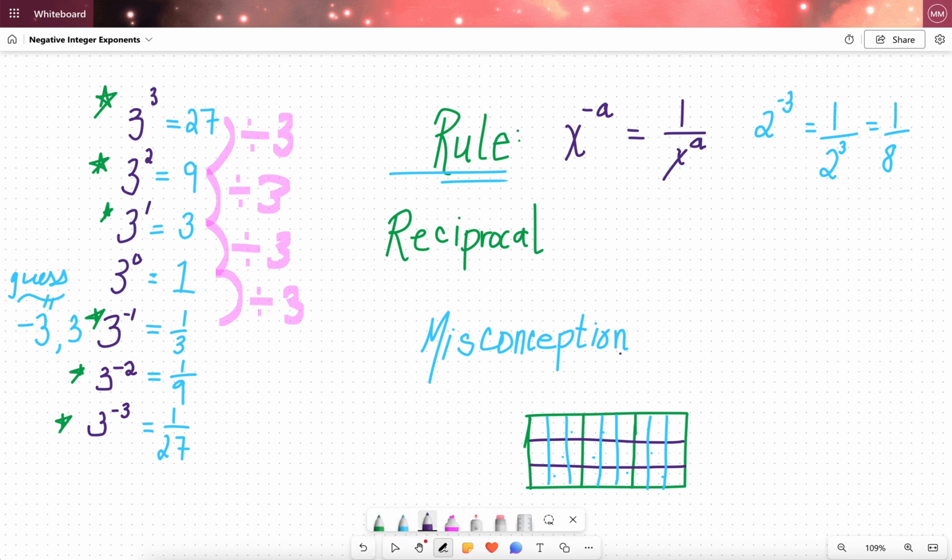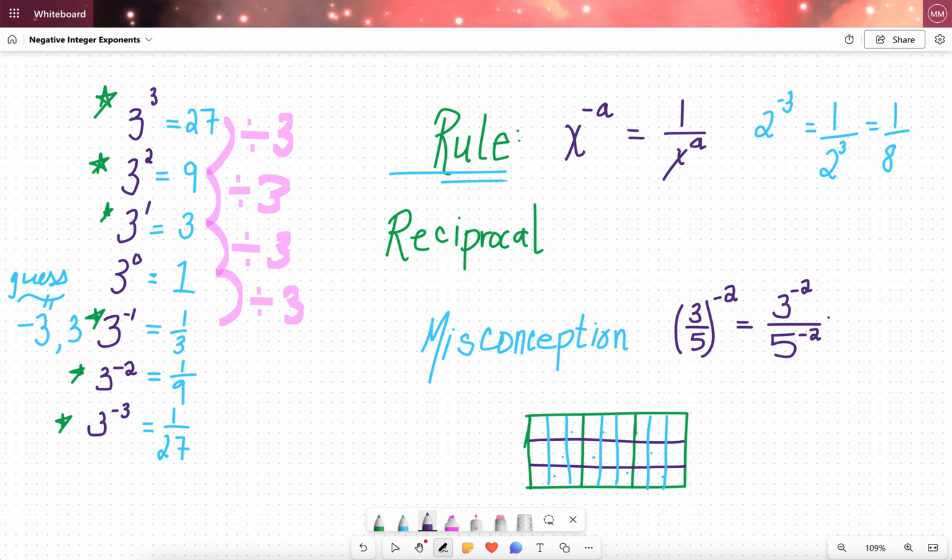Now, a misconception students might have is, well, what if I have 3/5 raised to the -2 power? Ooh, well, that's interesting. We would have to use some of our power to a power rules and rewrite this as 3 to the -2 over 5 to the -2.